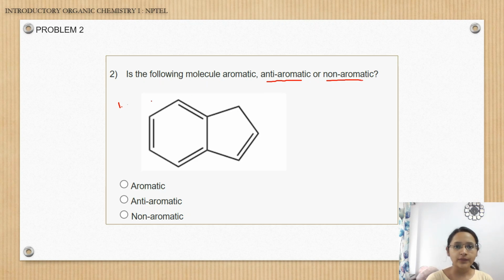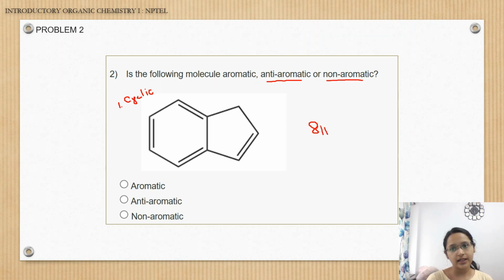Now, first of all, just tell me, is it a cyclic molecule? Yes, right. It is a cyclic molecule. Now coming to the number of pi electrons. How many pi electrons does this compound have? 8 pi electrons.